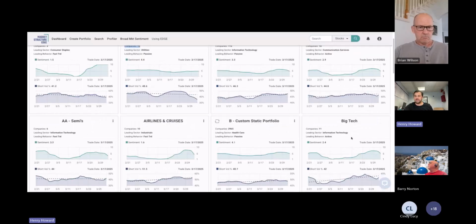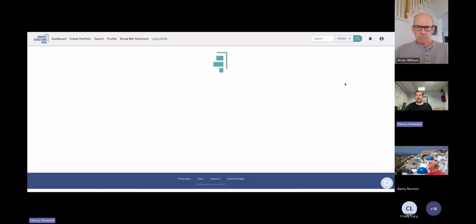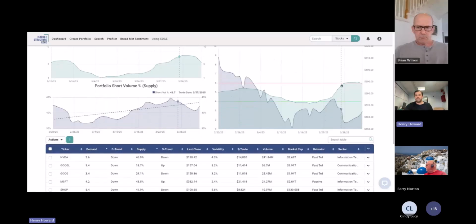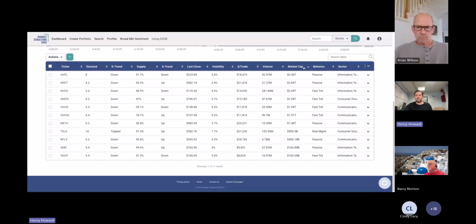Third is big tech. We've said for years now, there's such a consolidation of the market. The reason for that is because big hedge funds and big ETFs need liquidity. And so the place that they find that liquidity is in large cap and mega cap stocks.